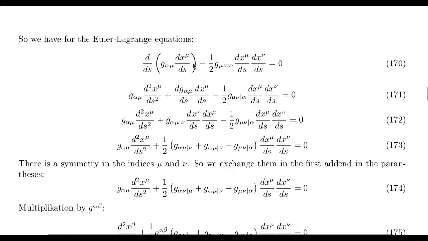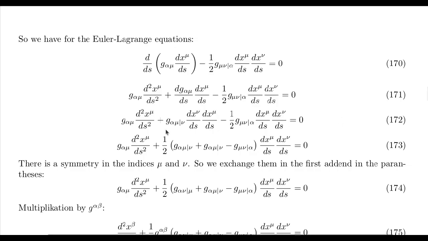We have two factors. In the first term we have differentiated the differential quotient dx/ds, and in the second term we have differentiated g, the metric tensor, according to the product rule of differentiation. The second term stays like above.